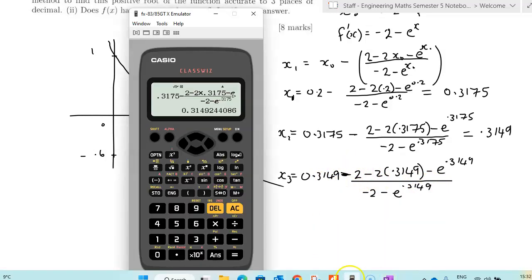Now back to the calculator and do that lazy thing again, where I'll just change the 0.3175 to 0.3149.